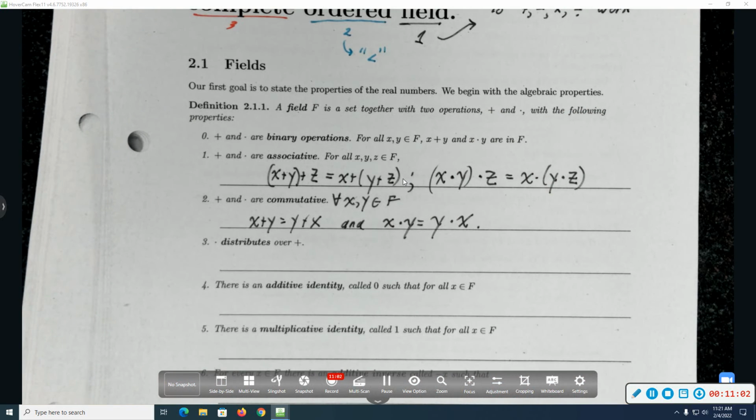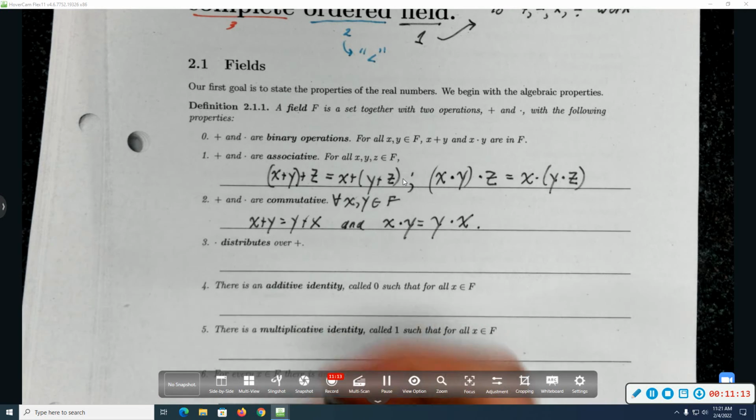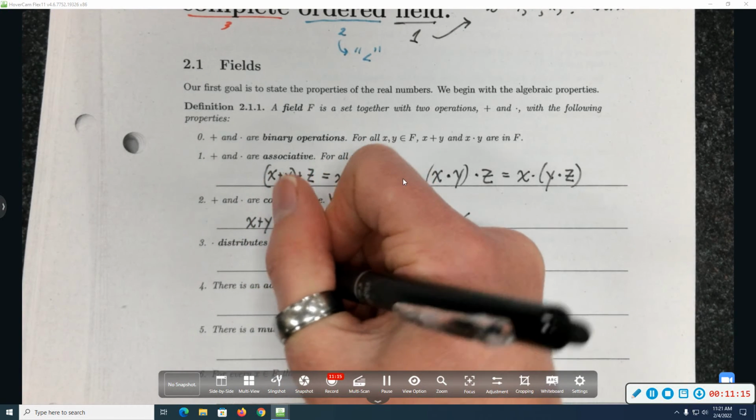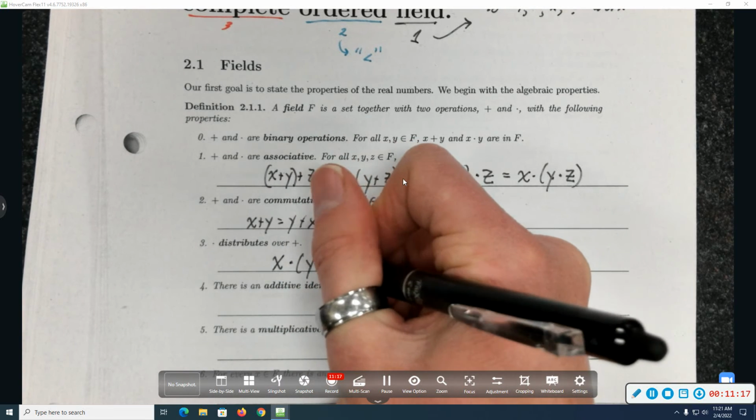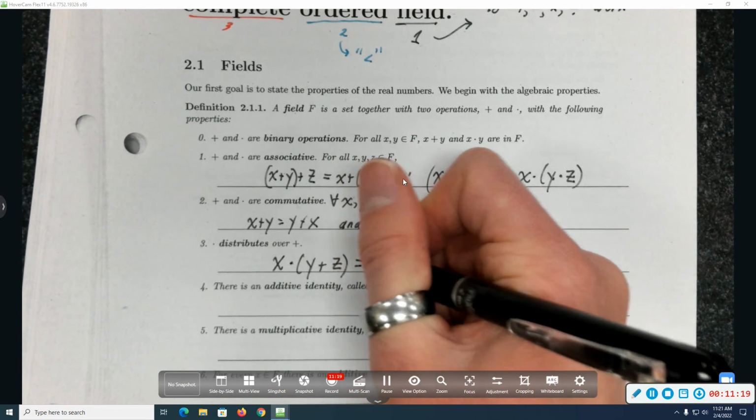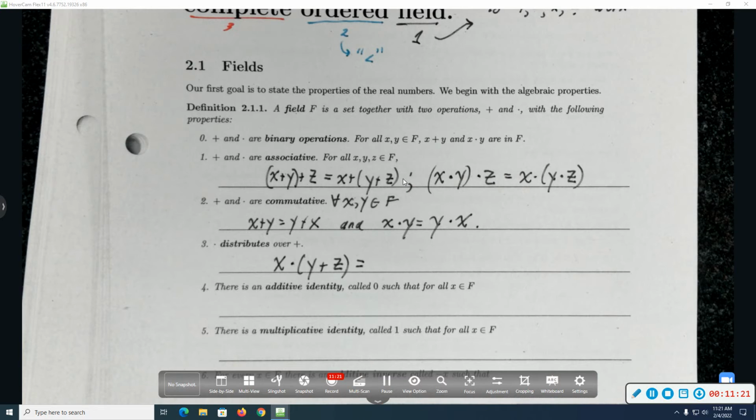The distributive law. What does the distributive law say? Yeah, the algebraic distribution. It says that if you see x times (y plus z), you can rewrite that by multiplying x by each of the summands.